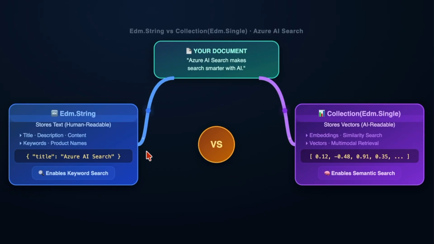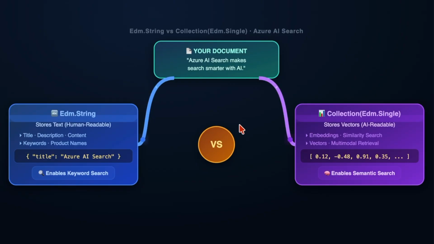So look at what we have here. One document, but two completely different branches. On the left, the text flows into Edm.String fields, words. On the right, the AI generated numbers flow into Collection(Edm.Single) fields. You can see the particles moving in both directions. Same document, two different representations, two different purposes.